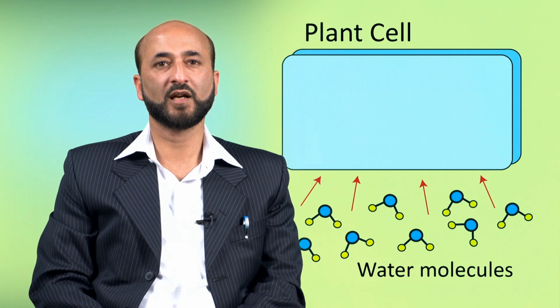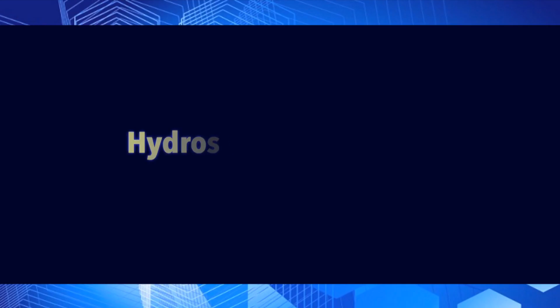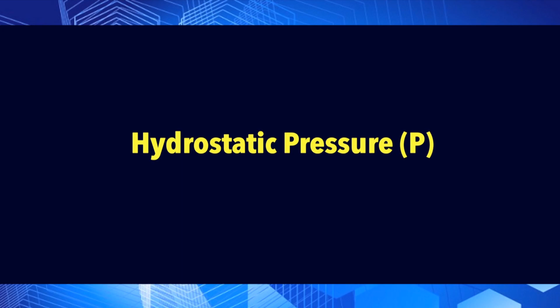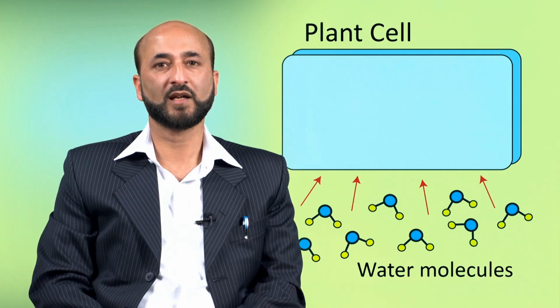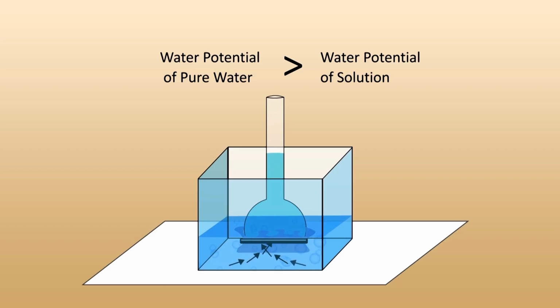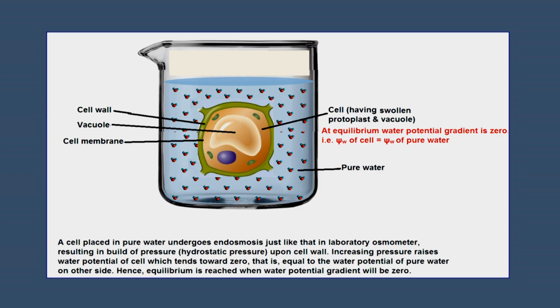It results in the build-up of pressure called hydrostatic pressure within the system, manifested either as a raising of liquid in the tube of the osmometer or a pressure upon the cell wall in case of a cell. Increasing pressure will raise the water potential, and so the water potential within the osmotic system will begin to increase toward zero, that is, equal to the water potential of pure water on the other side.